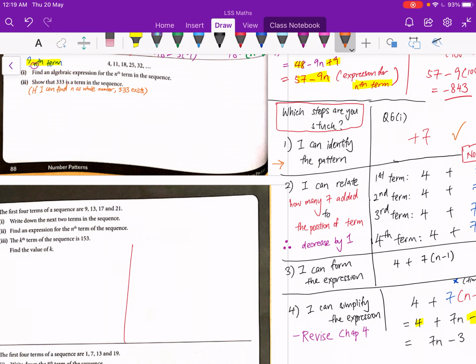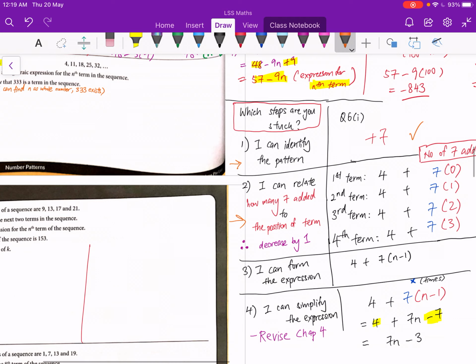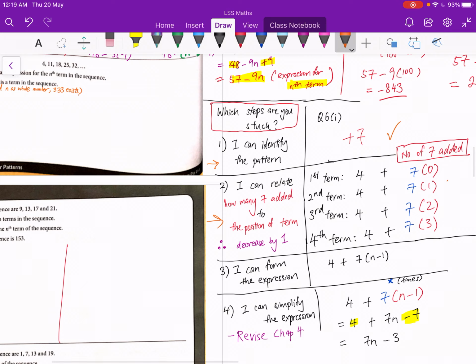So step 2. Once you have found out that the pattern is plus 7 for each of the next few terms, for example, if I want to get the second number, it will be plus 7.